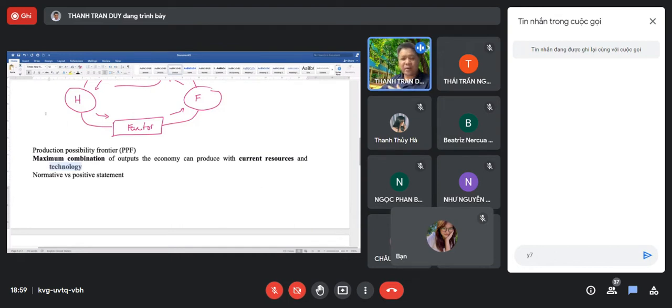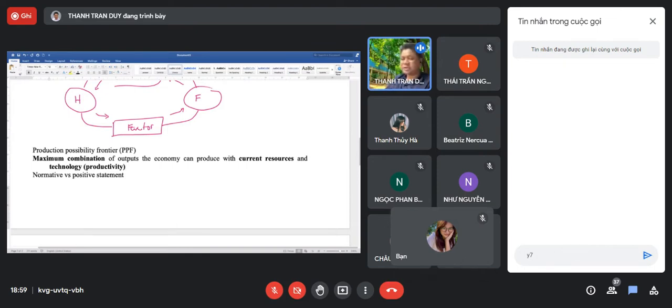And you remember that when we analyze the problem, the economy has 720 labor. It means that they are current resources, and they also have technology, which determines the current productivity of the economy.